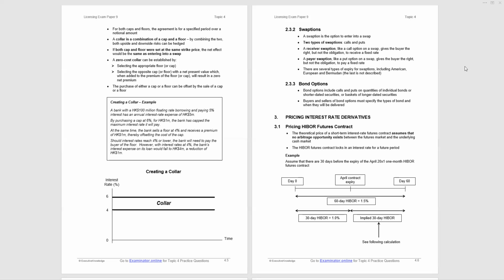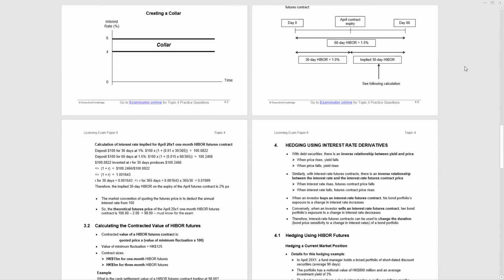Now, we are told by way of the diagram that the 60-day HIBOR in the market is 1.5% and the 30-day HIBOR is 1%. So what is implied by that structure of interest rates? What is the implied 30-day HIBOR in 30 days' time?